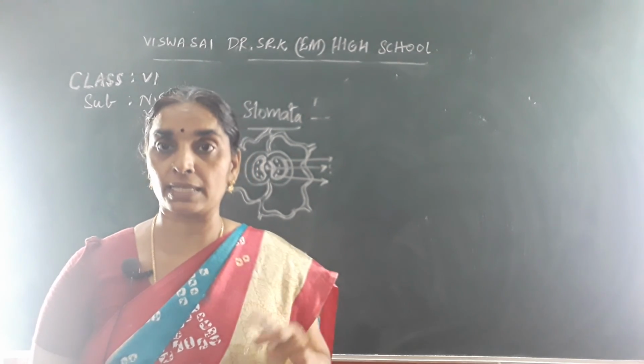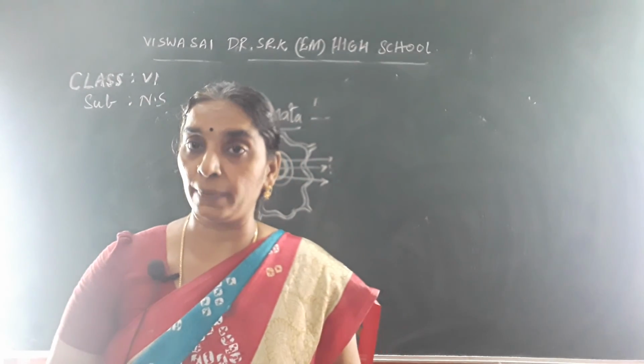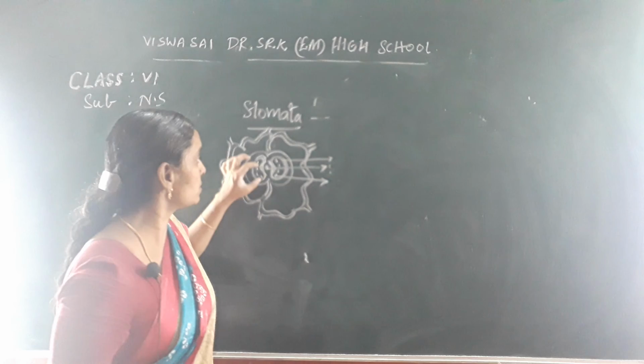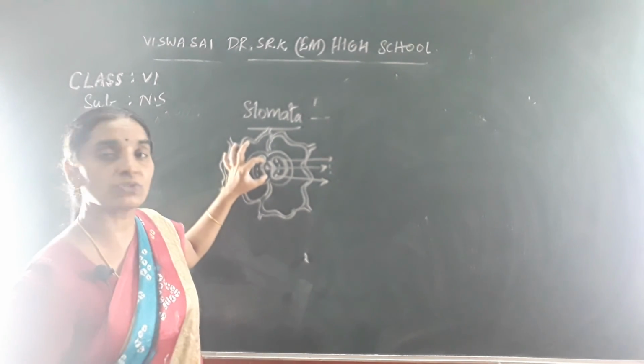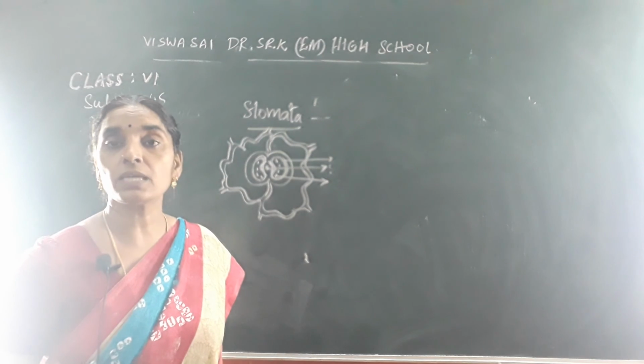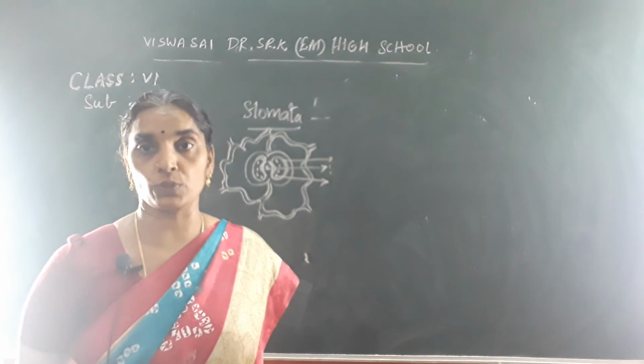Then put this glass slide over the stage of the microscope and observe through the eyepiece. You can easily find the bean-shaped structure of the stomata under the microscope. This is how you are going to observe the stomata under the microscope.